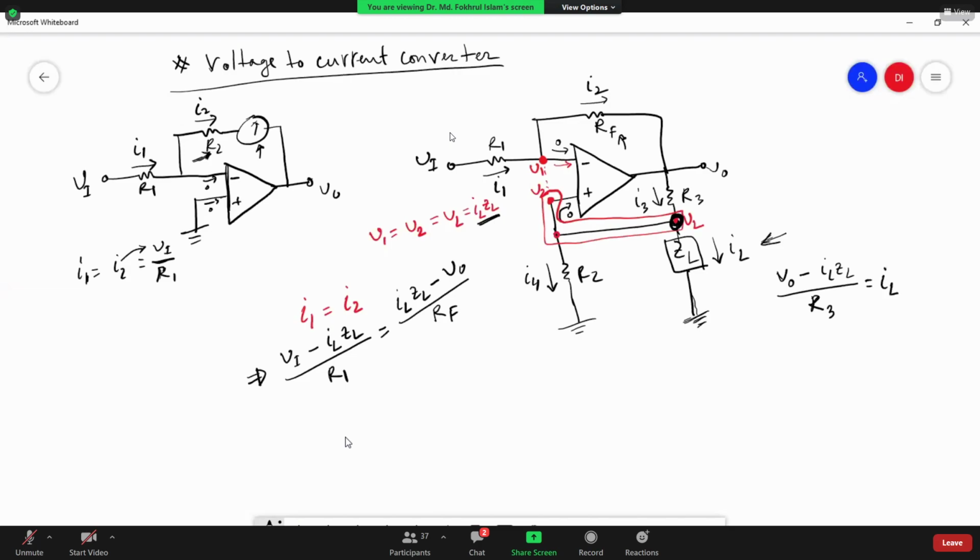Another outgoing current is I4, which is basically ILZL divided by R2.